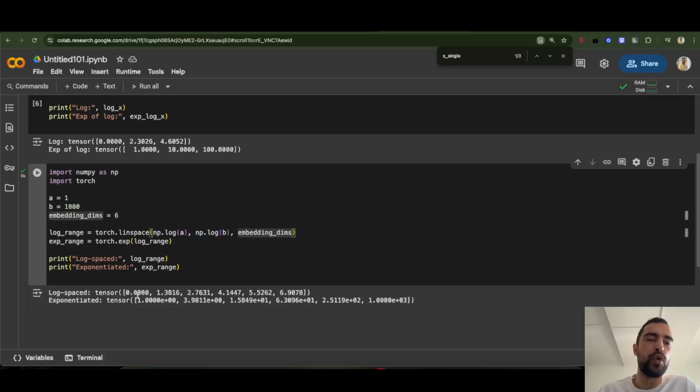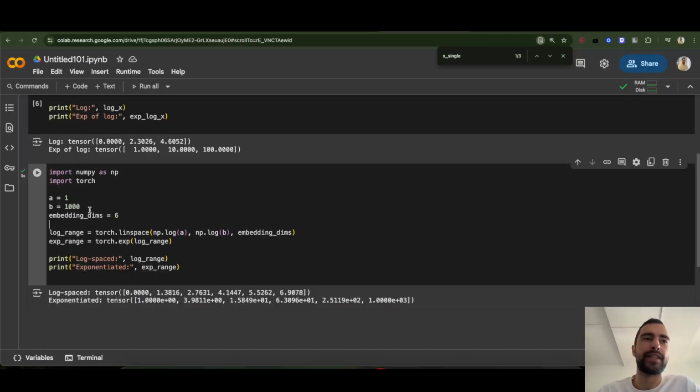And now we just exponentiate these. So we get back from 1 to 1000. And it's growing exponentially because we are literally using this linear space as exponents to the exponential function. So that's why it's growing exponentially.